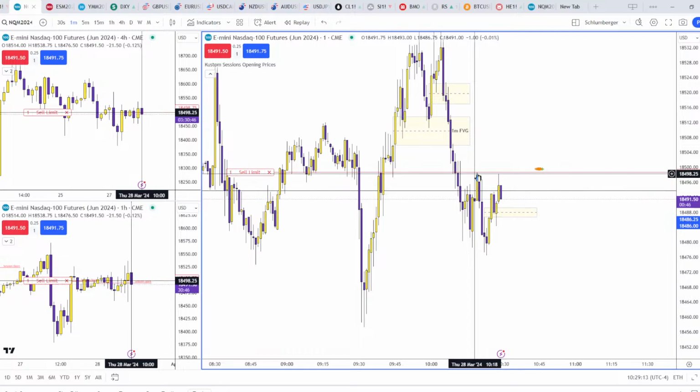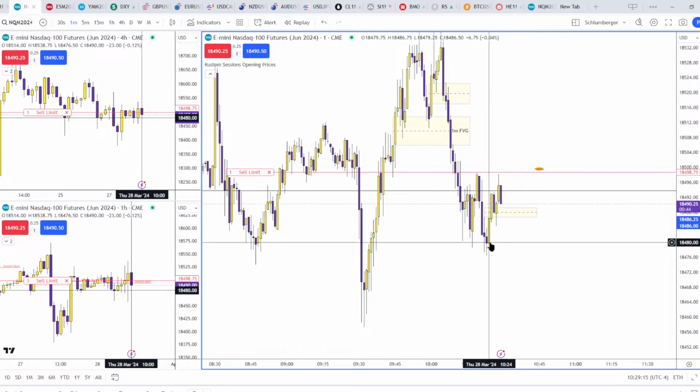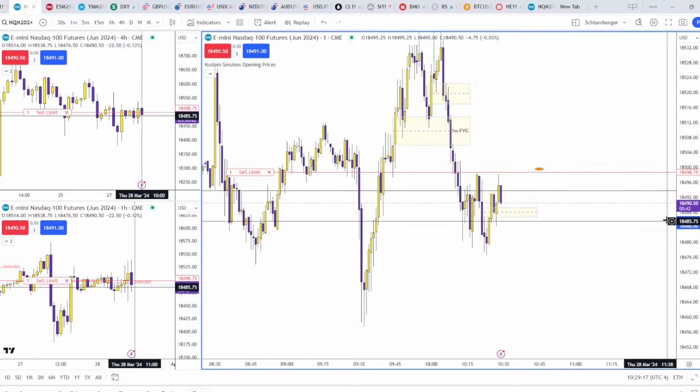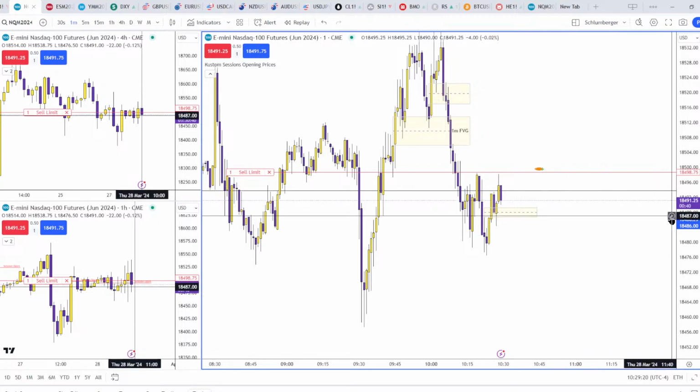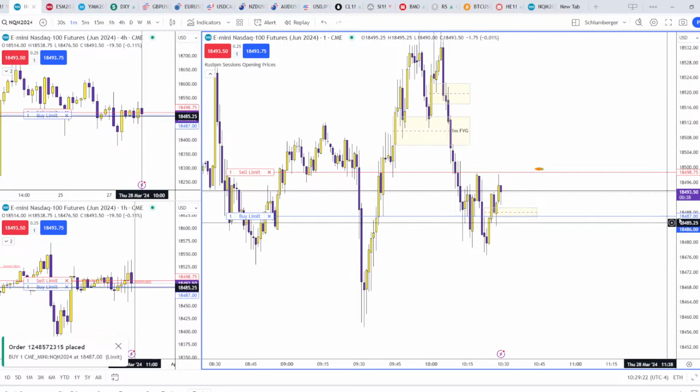Rejection block. Pay yourself at rejection block. And if it comes back in here again, we will rinse and repeat and get to do the same thing over again.